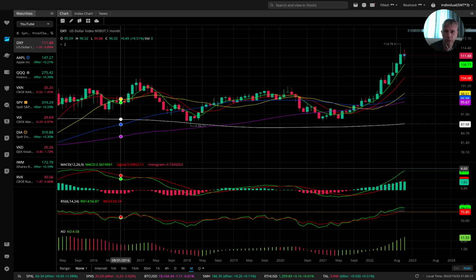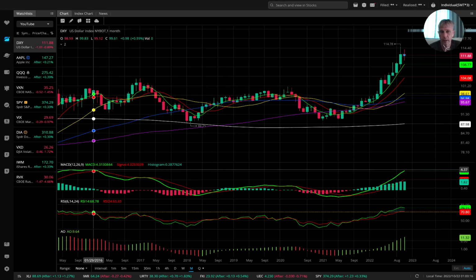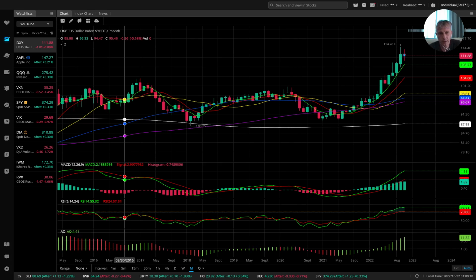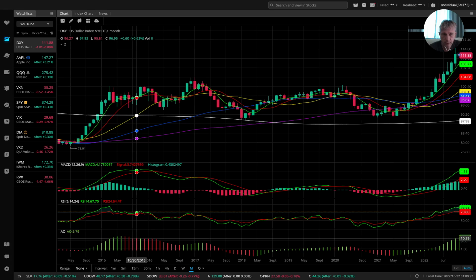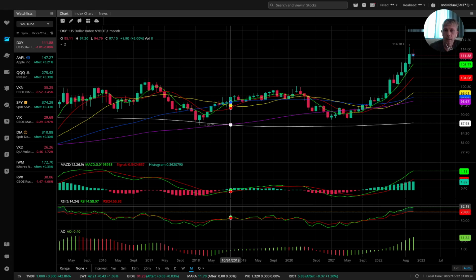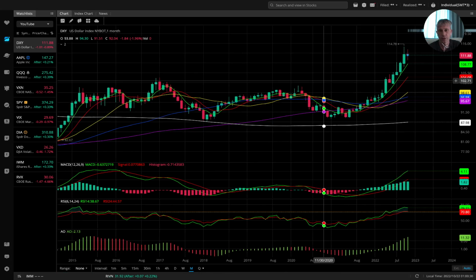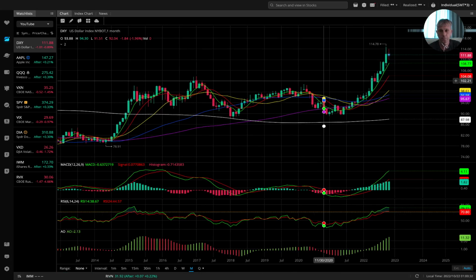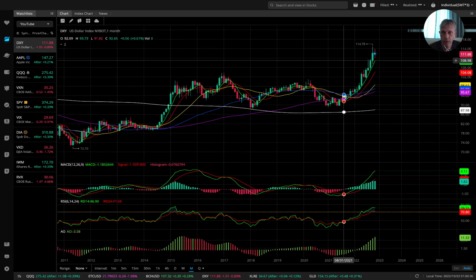with bearish divergences, right? Look at it. This point and this bearish divergence, and let me see, yeah, bearish divergences on RSI. Bearish divergences on awesome oscillator. It's a strong dollar on monthly with bearish divergences. Look at that. This is the huge bull run.